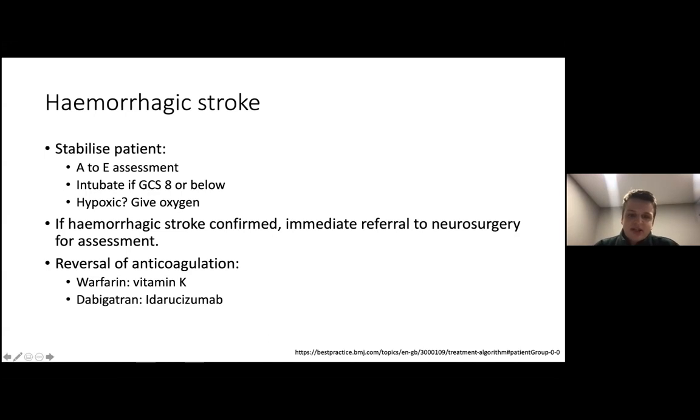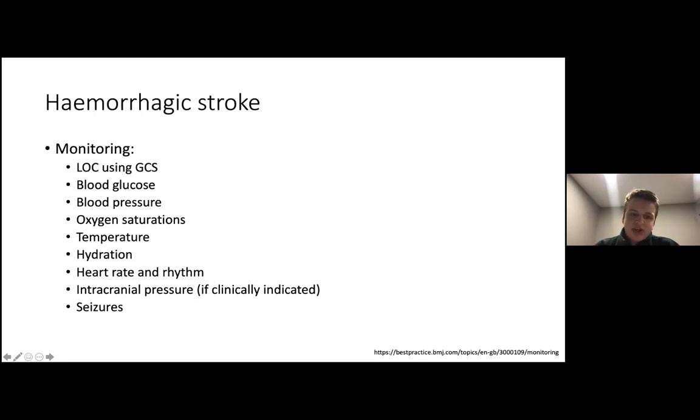So yeah, reversing anticoagulation if possible. Standard things for monitoring: GCS assessment, blood glucose, blood pressure, SATs, temperature, hydration, also intracranial pressure sometimes, and also if they're having seizures, it's important to monitor.